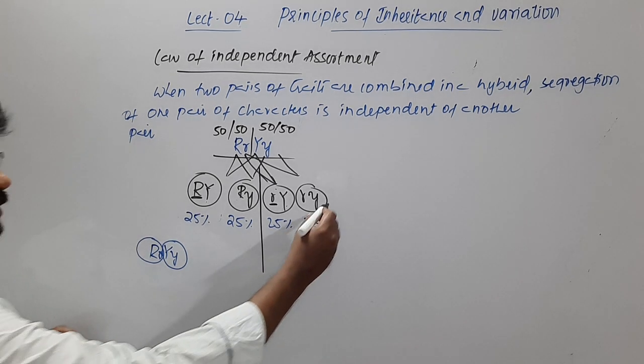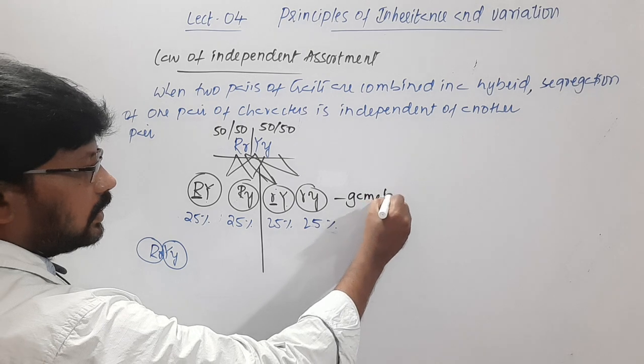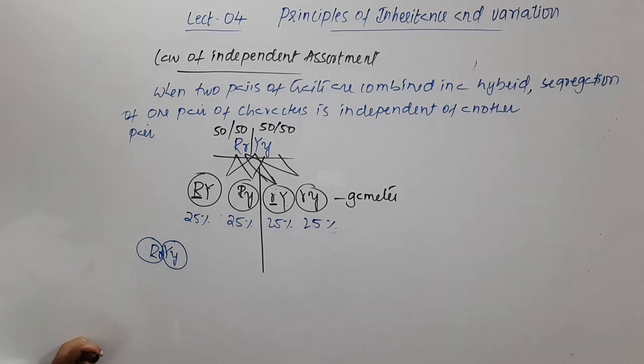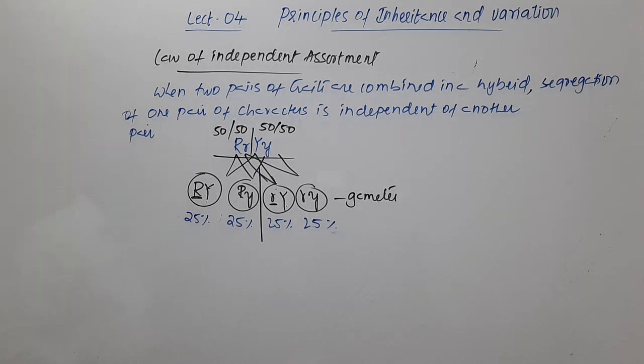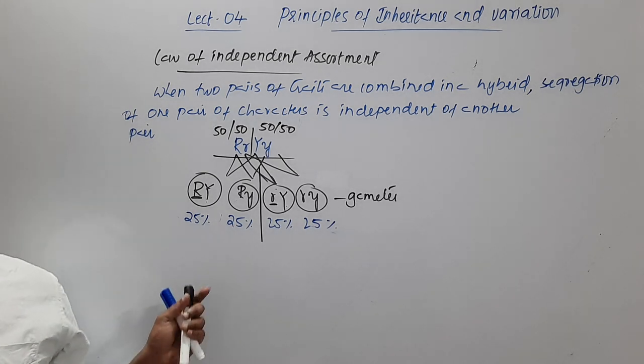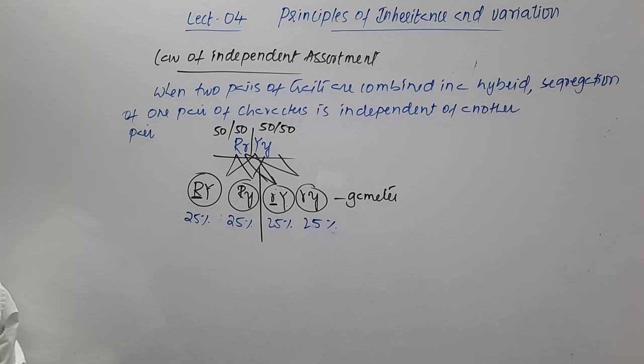These are all gametes, and the frequency of each gamete is only 25%. So that's all about the law of independent assortment.